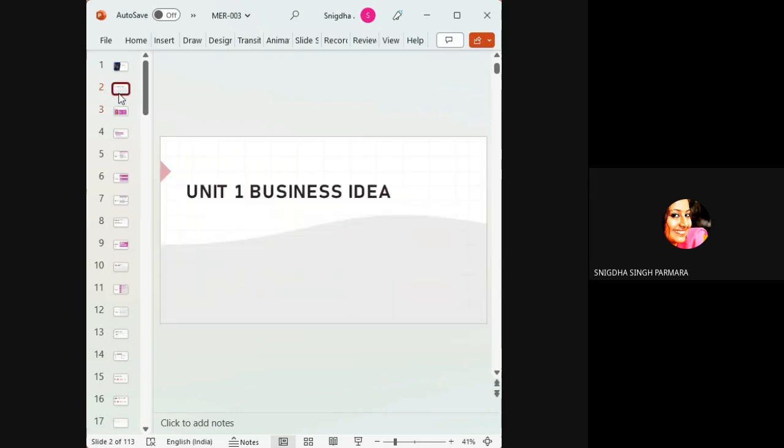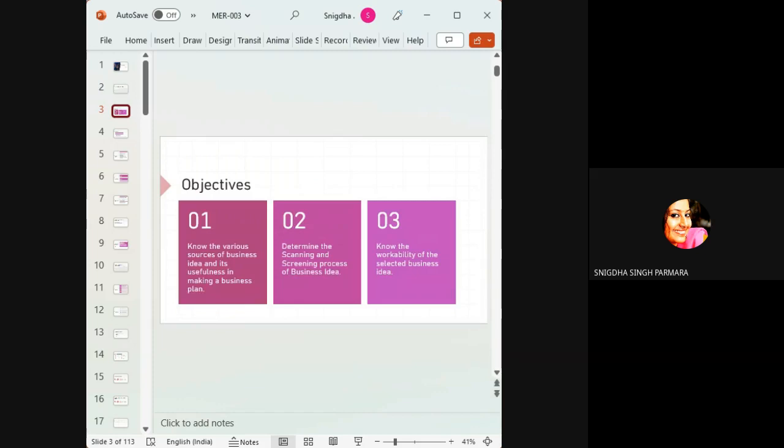So, to start with Unit 1, which discusses business idea. In this unit, we will be covering what are the various sources of business idea from which it can be generated, and its usefulness in making a business plan. Those ideas have to be translated into a plan, to see its profitability structure.